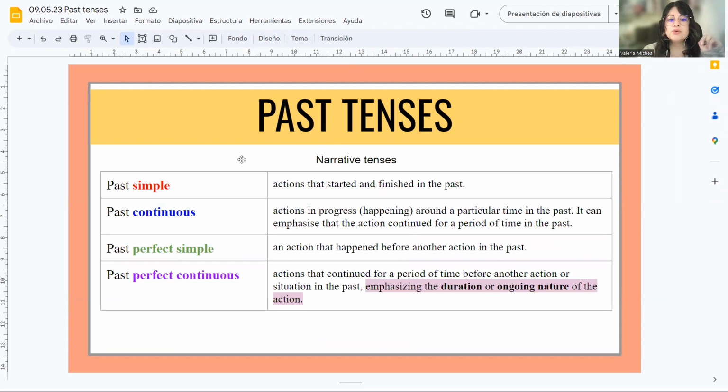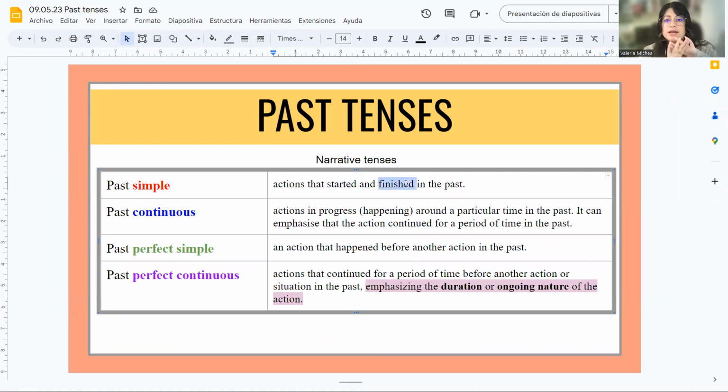And we said that past simple refers to an action that started and finished in the past. The action is over, it's completed. We also mentioned that past continuous refers to actions that are also over in the past.